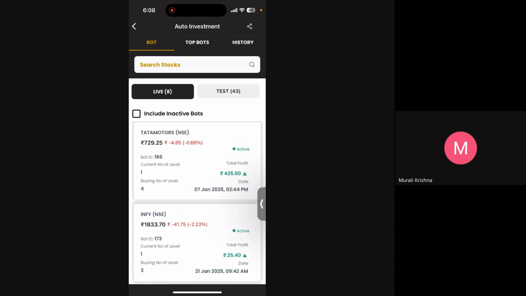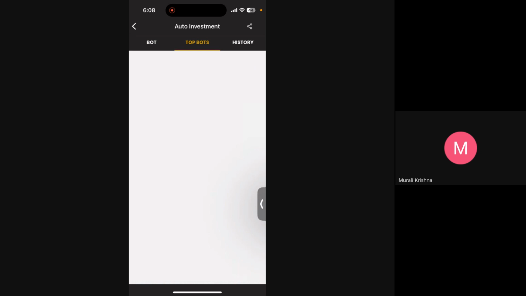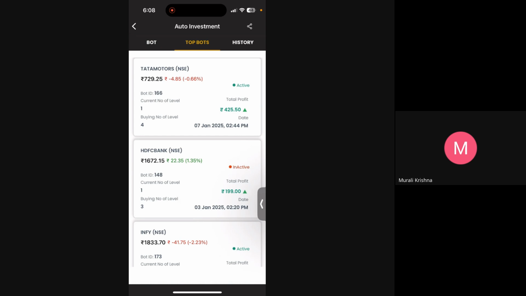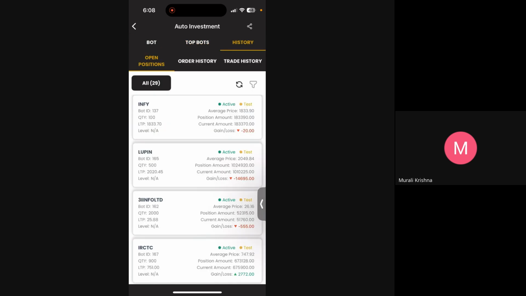One more feature you will have is the top bots. What are all the top performing bots? Here you will see only the live bots which are performing well. And in the history, you can see what open positions you have. Infosys has an open position of 100 stocks, and you can see when it was bought and what the average price is.